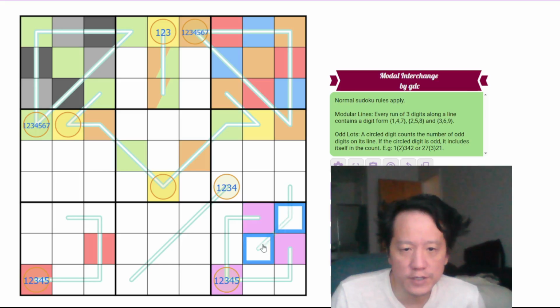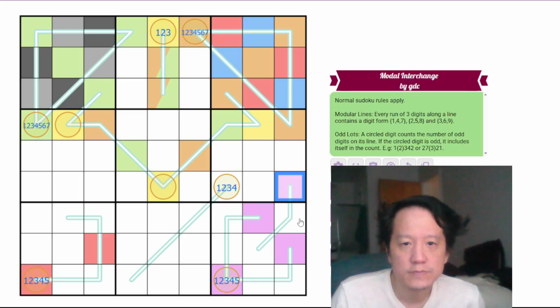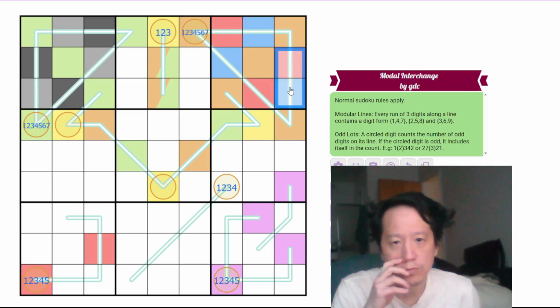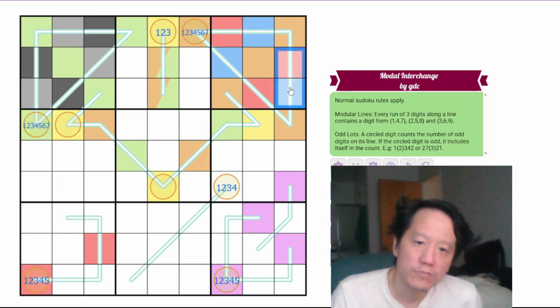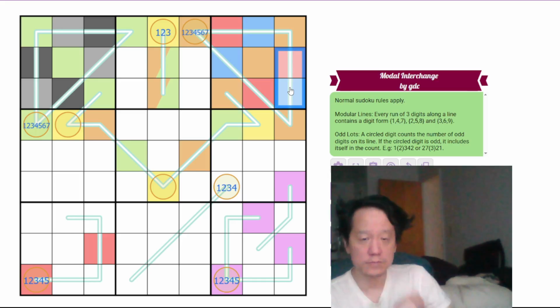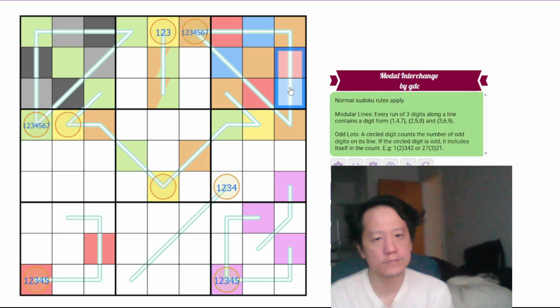Therefore, in this length 3 cell, it has to match the pink, right? So the pink cannot be orange here because pink matches either blue or red here. Hmm.